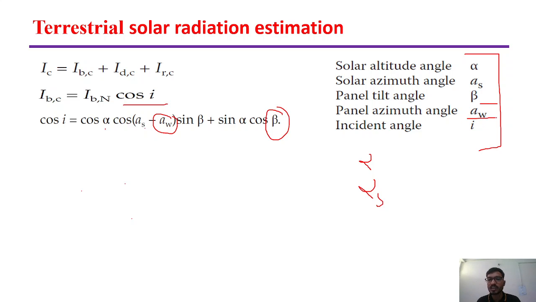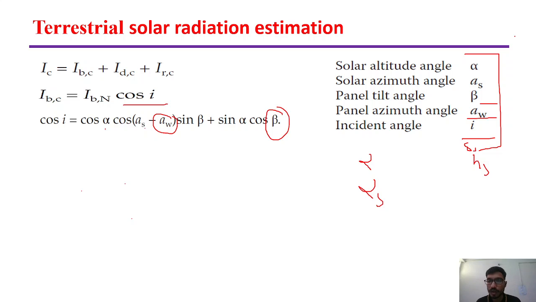The panel azimuth angle and the surface azimuth angle both are the same, and the incident angle we should know. Apart from that, we should know the declination angle and the hour angle. Once we are clear about all these formulae, we can easily calculate the solar radiation at the terrestrial surface.